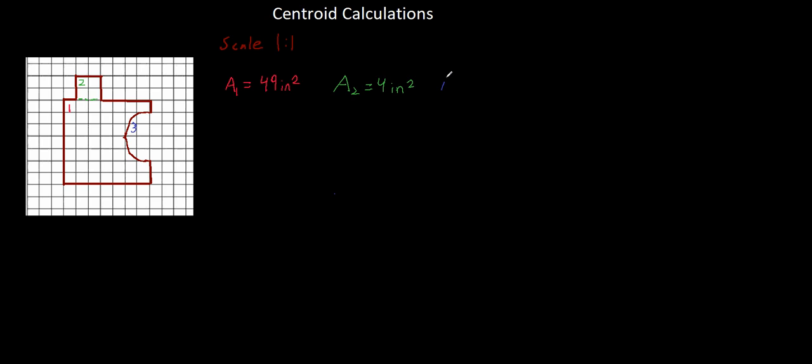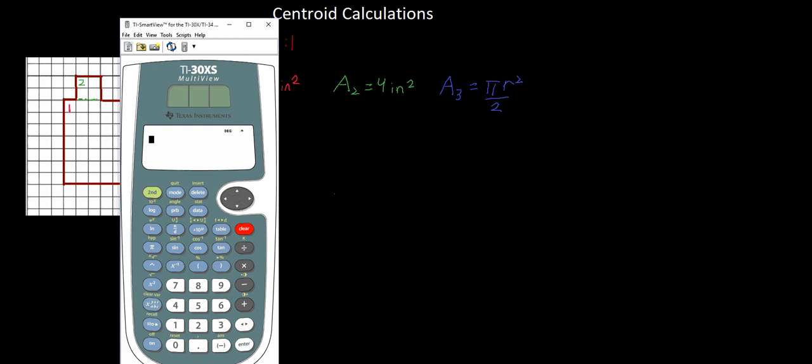And the area of our little semicircle here, well, the formula for the area of a circle, we'll call this area 3, is pi r squared. But if you look, this is a half circle, so wouldn't the formula be pi r squared divided by 2 to cut it in half? That's pretty easy.